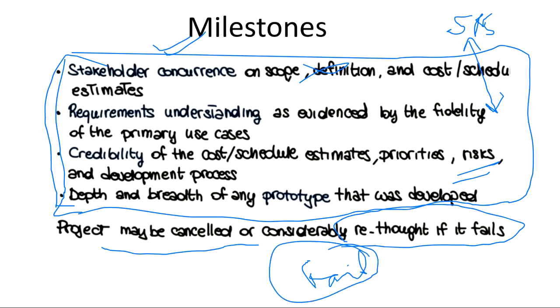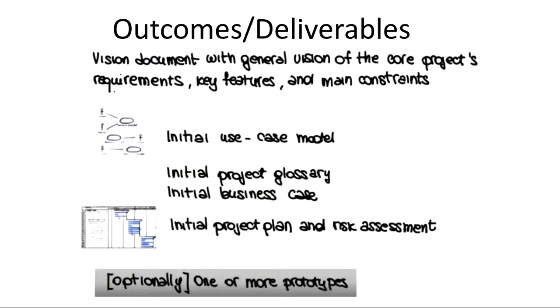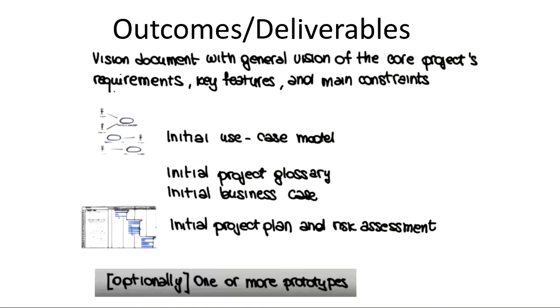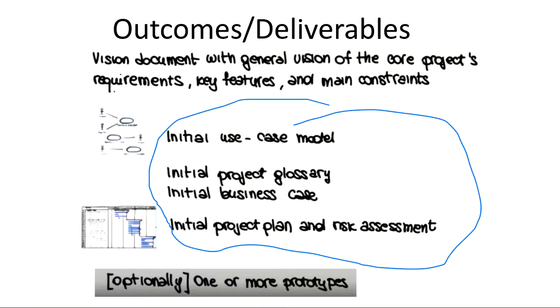Right? Any doubts in the inception phase? Clear? So we are trying to create some use cases, the architecture, how much cost it will take, rough planning, everything. Risk analysis part, everything in the inception phase. These are the outcomes we try to achieve from this inception phase.